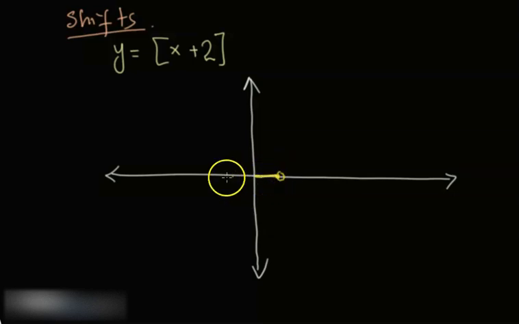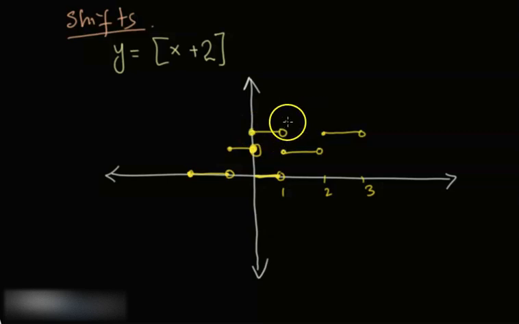This will be moved 2 units towards left. So every page will be moved here at this place, and we have one page here from 1 to 2, and this will be moved here. Similarly, you can continue the pattern.